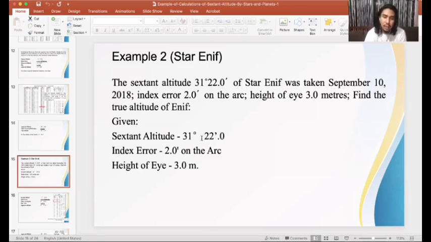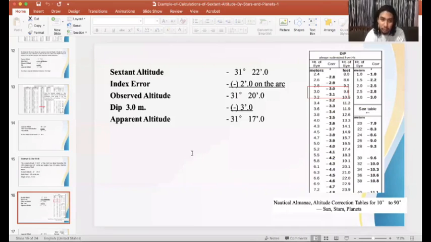So here are the givens. First is the sextant altitude, which is 31 degrees and 22 minutes, and its index error is 2.0 on the arc, and the height of eye is 3.0 meters.